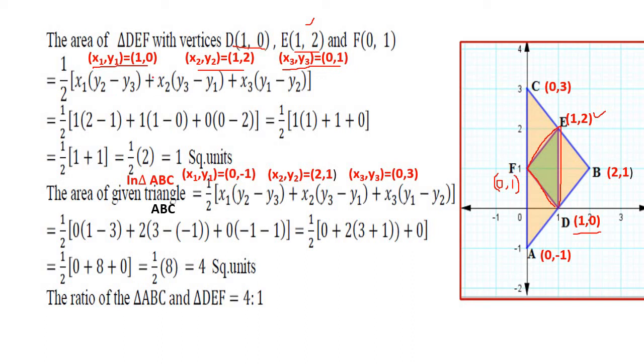Now let us find out the area of the inner triangle DEF by using the triangle formula: half into x1 into (y2 minus y3) plus x2 into (y3 minus y1) plus x3 into (y1 minus y2).